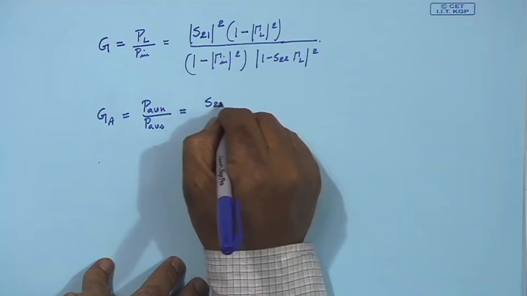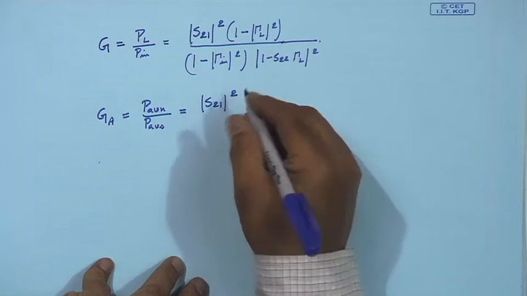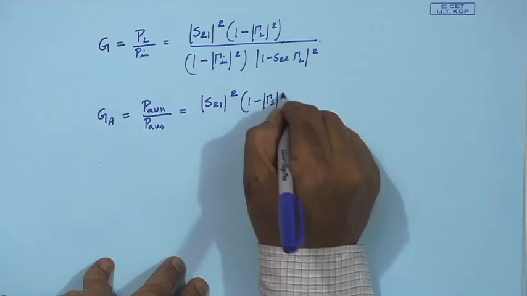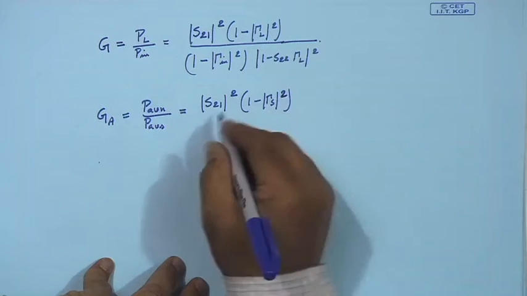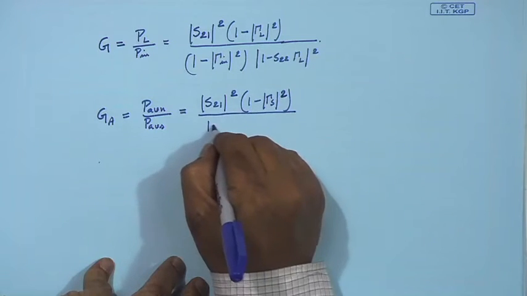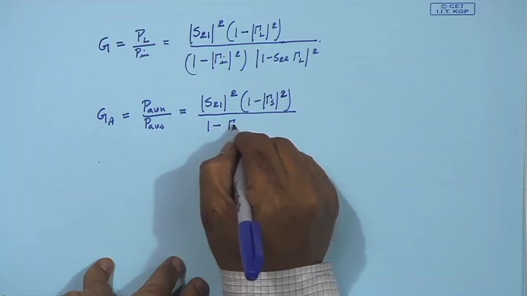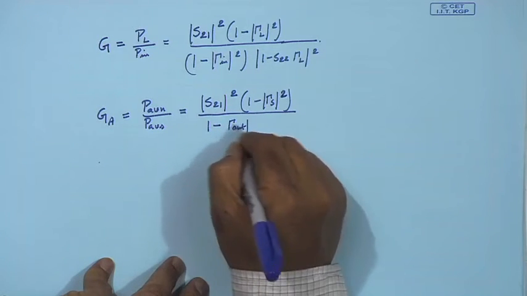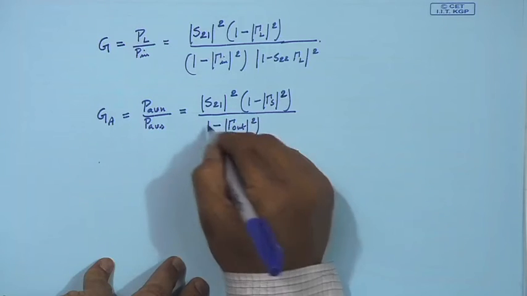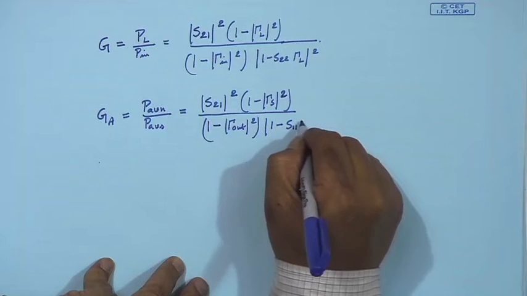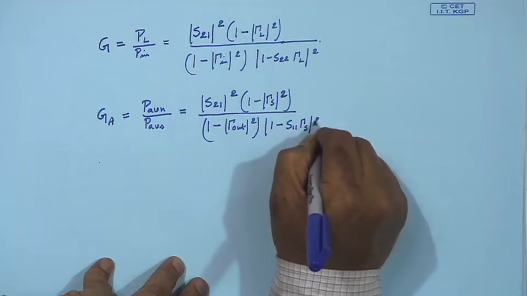So this is again S21 square, 1 minus gamma S square, divided by 1 minus gamma out square into 1 minus S11 gamma S square.